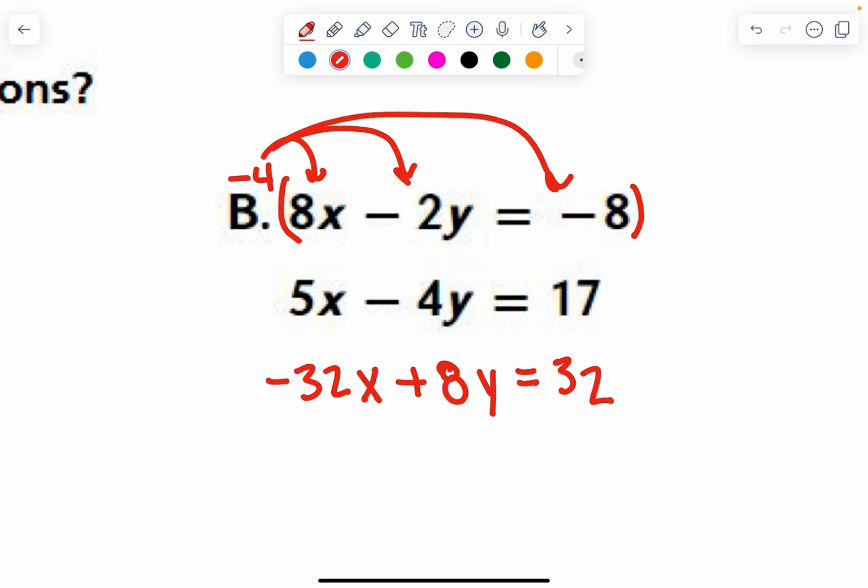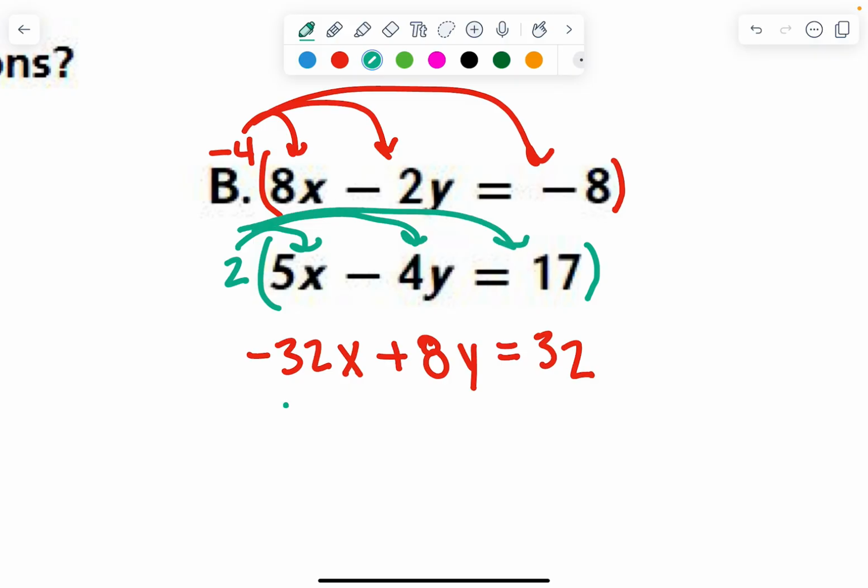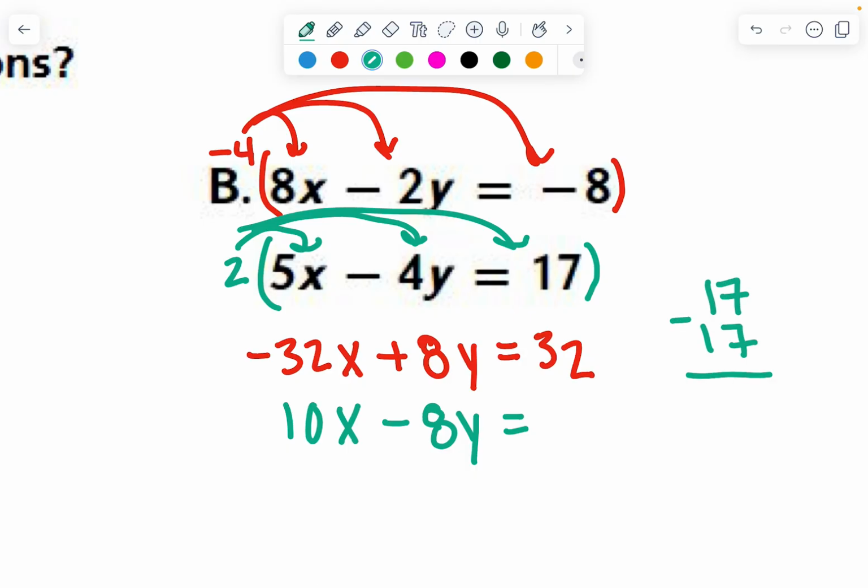And then if I look at this equation right here, I want this to be a negative 8y. So I'm going to multiply by just 2. So we're going to have 10x minus 8y equals, and then 17 times 2 is 34.